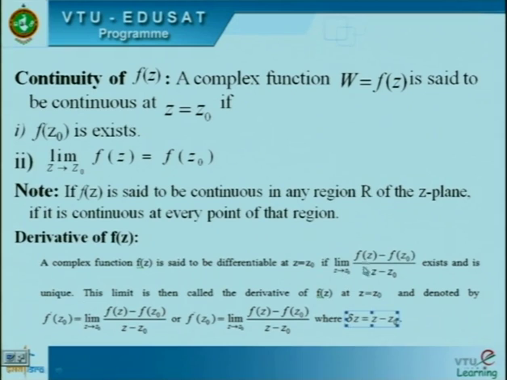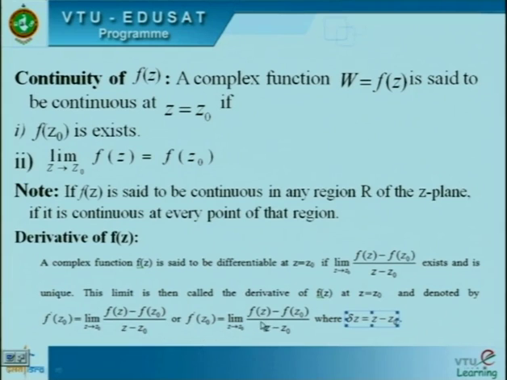Unique means the limit is independent of path, so in all the paths by which z approaches z naught this limit must be unique. This limit is then called the derivative of f of z at z is equal to z naught, denoted by f dash z naught, which is equal to the limit as z tends to z naught of (f of z minus f of z naught) divided by (z minus z naught).